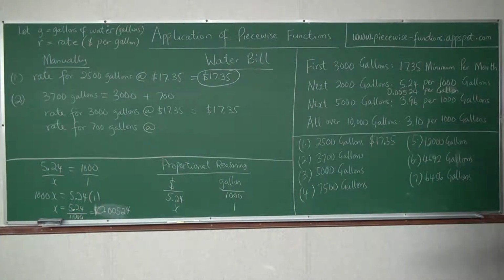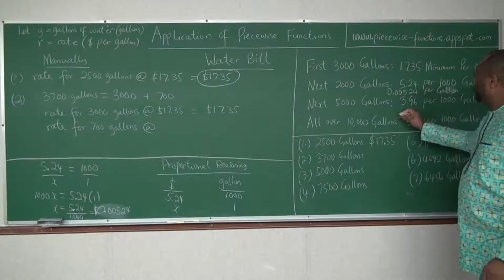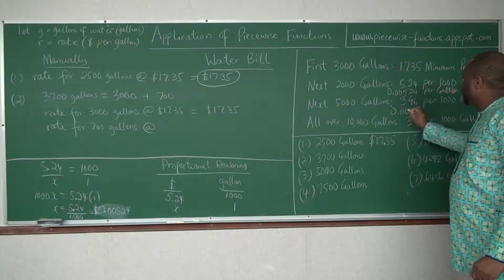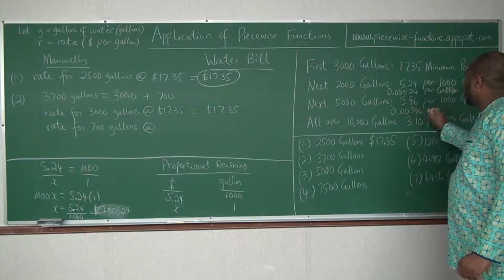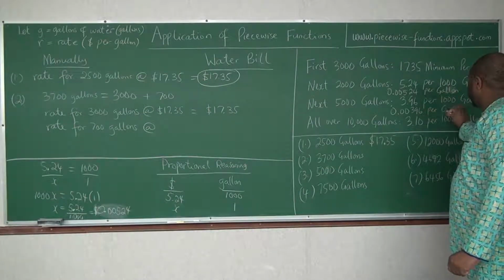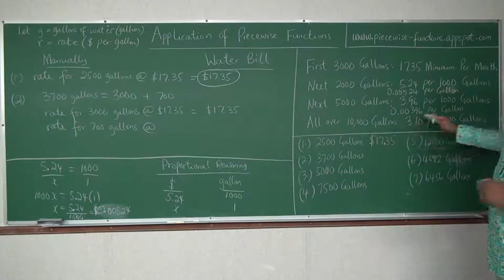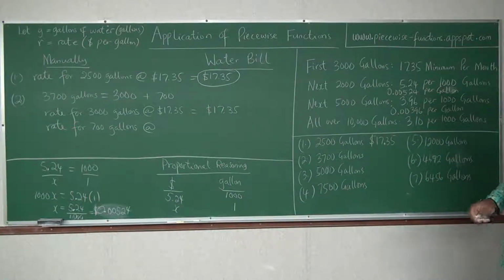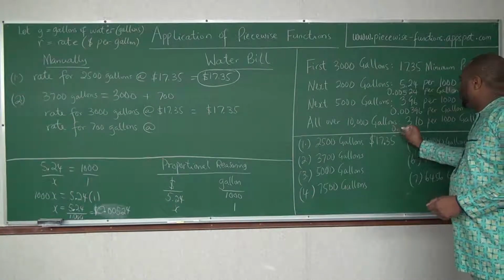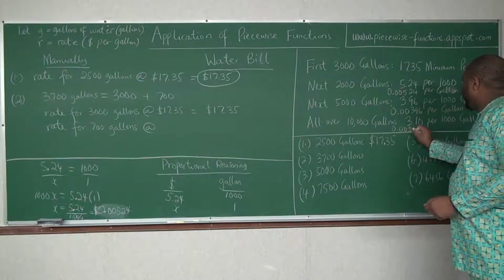Okay? Then this one will give us 0.00396 per gallon. Right? It will give us 0.00396 per gallon. And then this one will give us 0.0031.